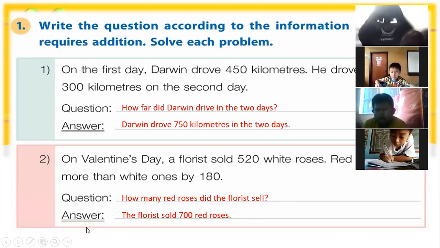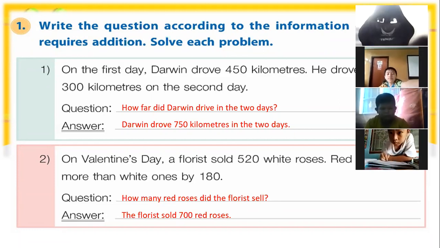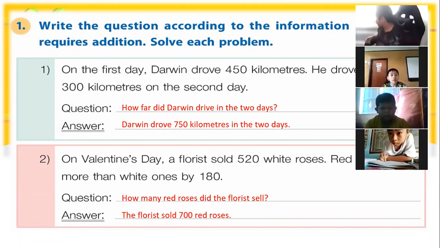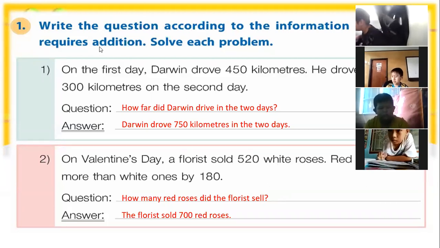The answer is: the florist sold 700 red roses. Okay, very simple. This is how we can make a question and then give the answer. Here they're asking for addition, so we have to solve it using addition.